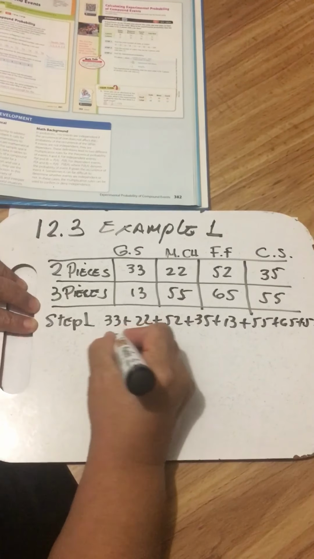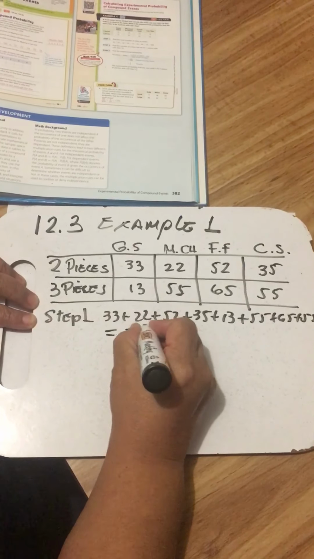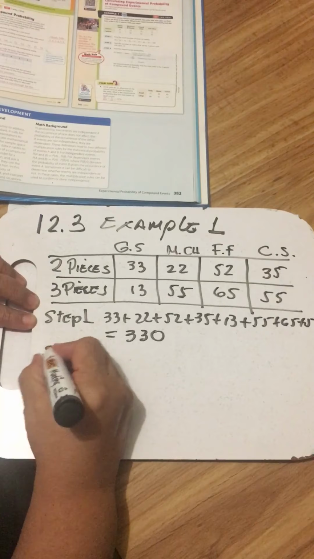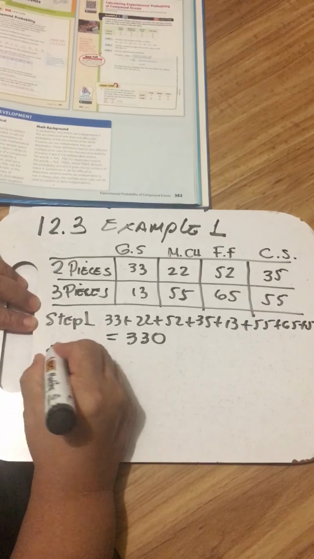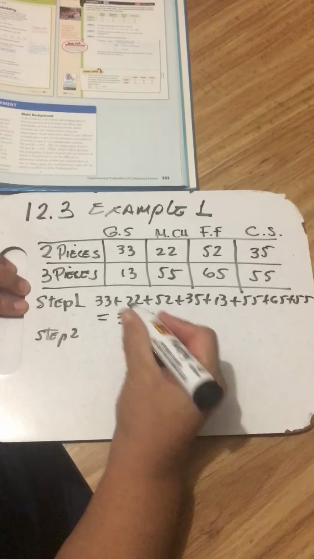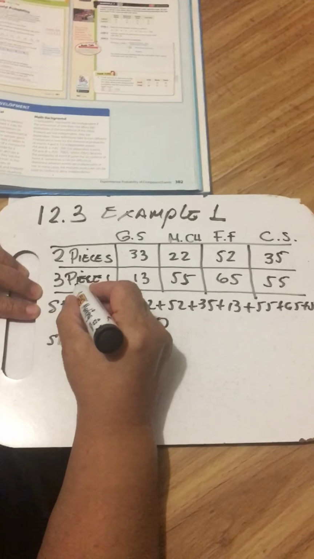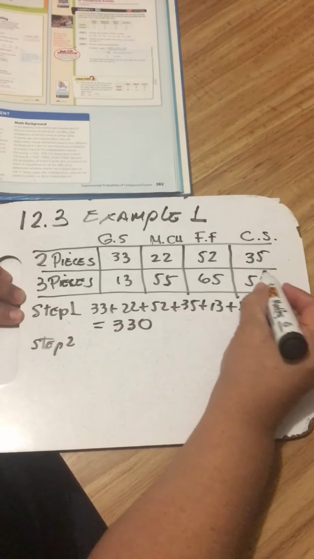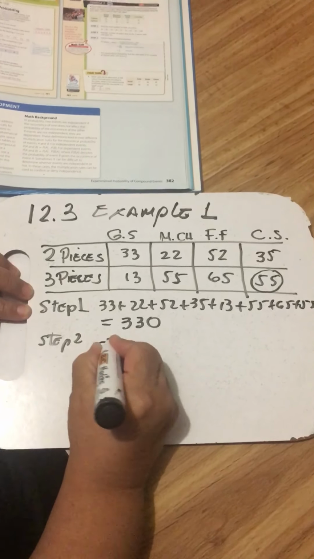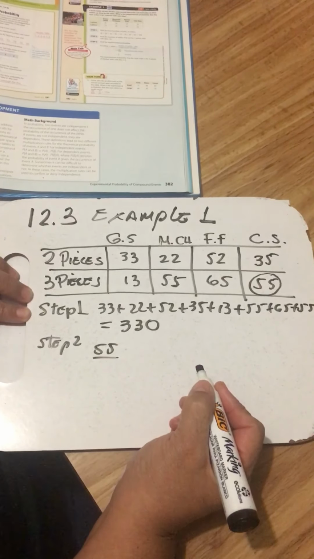And it's going to be 330. Now, in the step 2, we want to find the number of orders that are for 3 pieces and coleslaw. Then it's going to be 55.